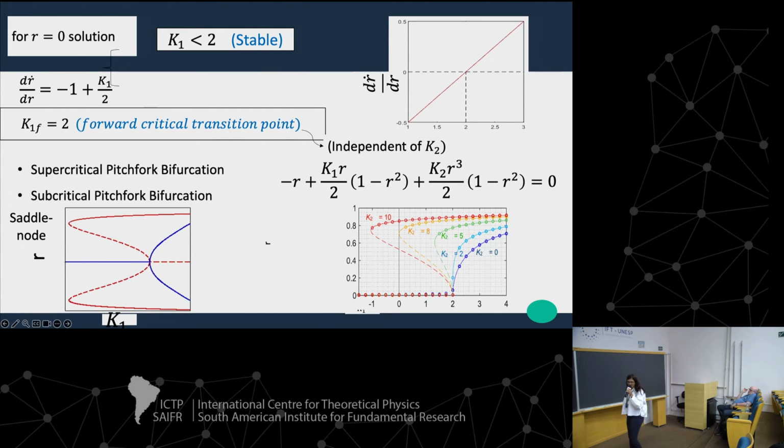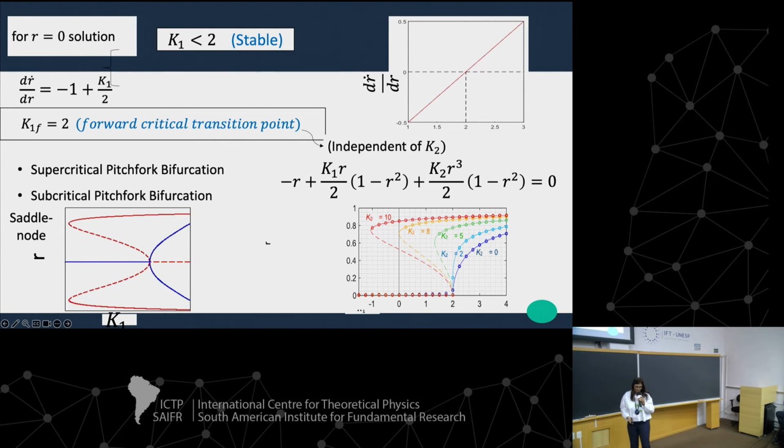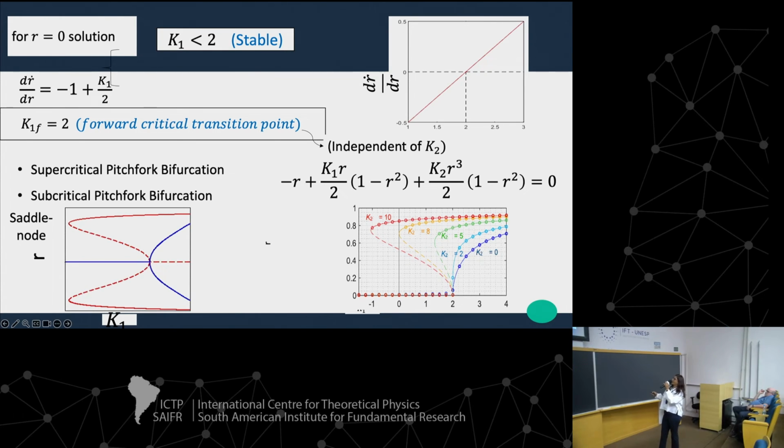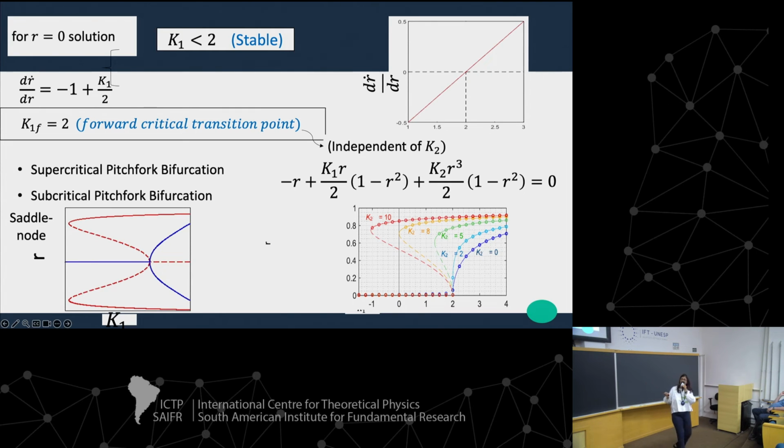So you can do the entire thing with this Ott-Antonsen stuff. And you can see that the role of higher order is that, from supercritical, you get subcritical. There is one more interesting thing you can notice here: you get synchronization even with negative pairwise interaction.